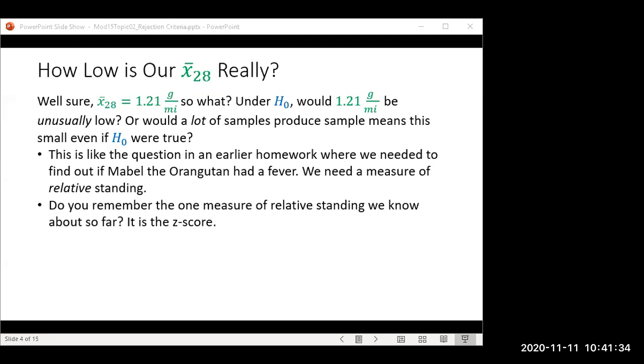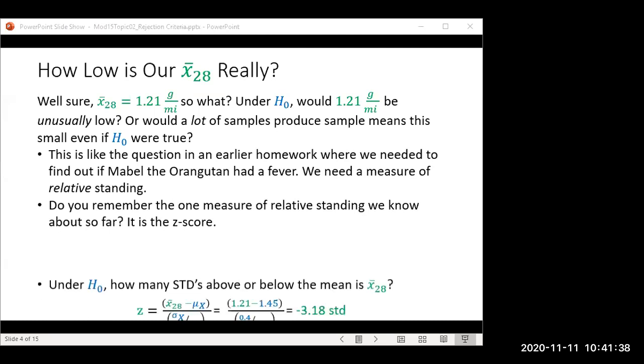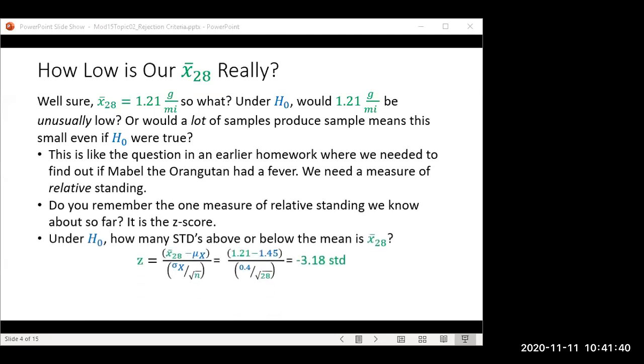So we have one measure of relative standing so far that we know about. It's the z-score. So if the null hypothesis was true, then how many standard deviations above or below the mean is this 1.21 grams per mile?